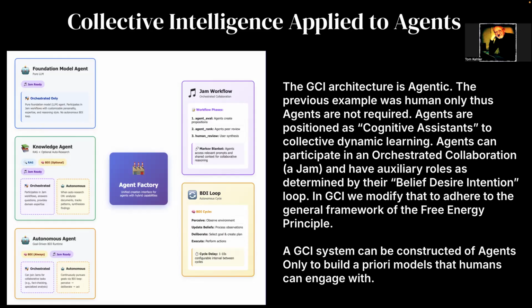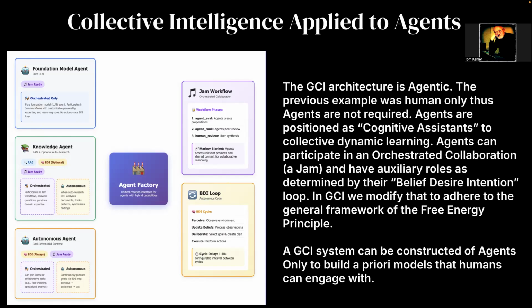These AI agents can be of various forms, as shown in this graph. They can be a foundation model agent where you could say, let's have different foundation models answer the same set of prompts.